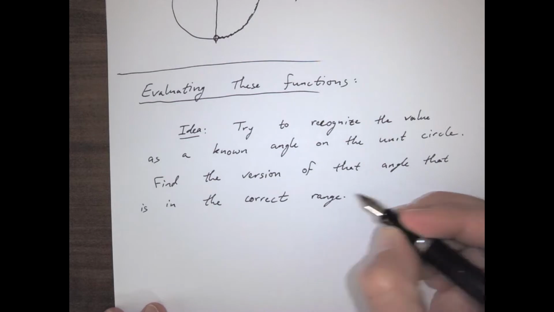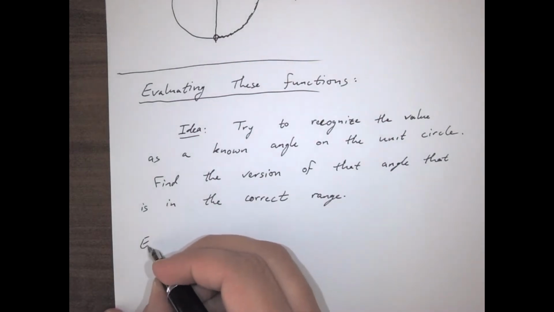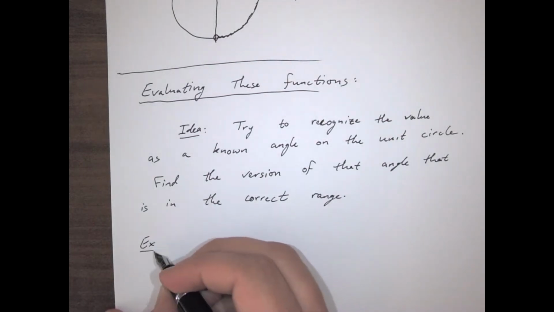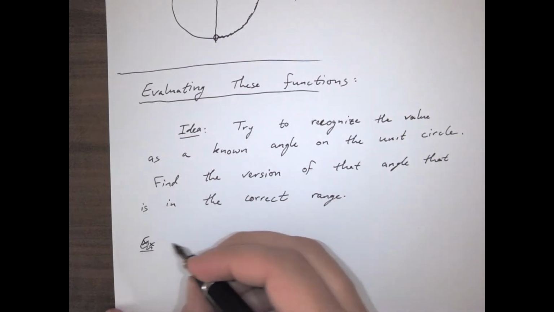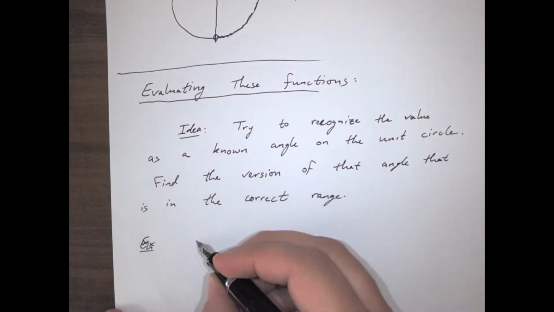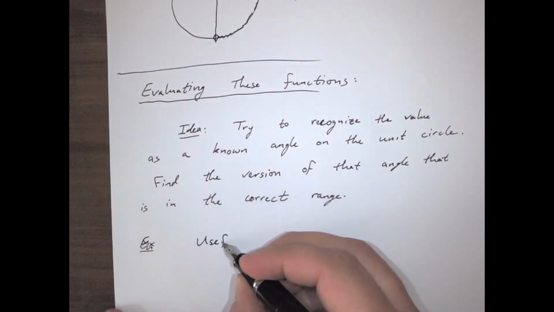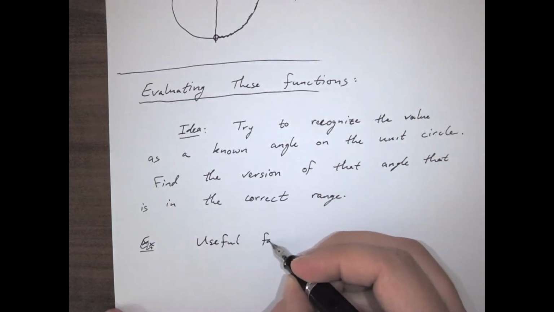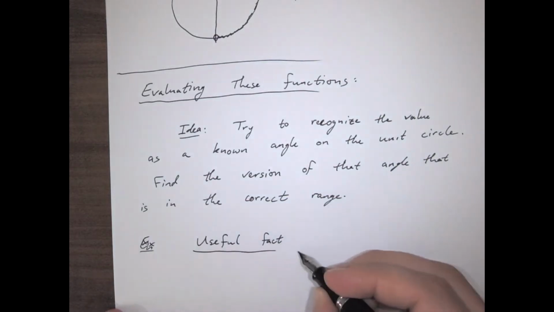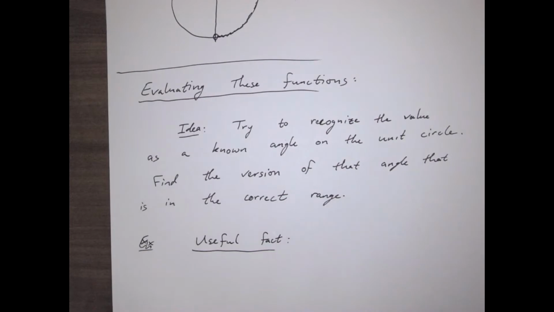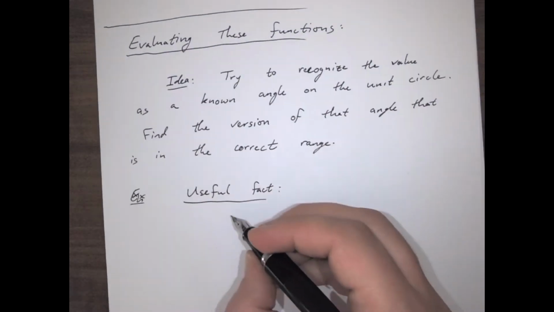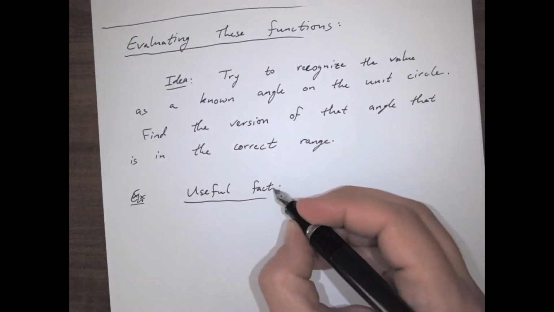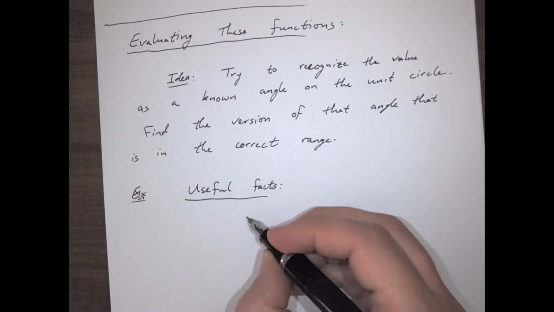Let's just try some examples. So, a useful fact. We could find this by rationalizing denominators and things like that, but it is just useful to know a couple things about tangent.